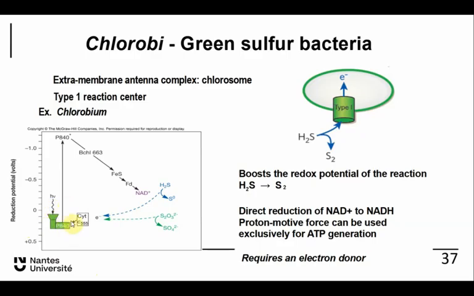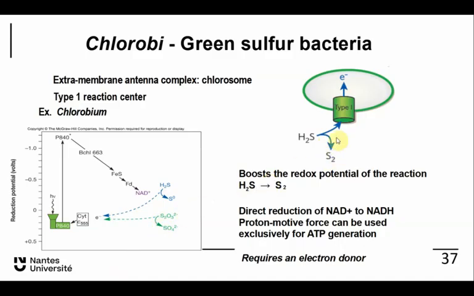The electrons in the chlorophyll molecule will get all excited, and then they'll start the electron transfer down through an iron sulfur protein, and we'll be able to reduce NAD plus to NADH. And so there is an electron acceptor and there is an electron donor. The electron acceptor is NAD plus, and the electron donors are reduced sulfur compounds like hydrogen sulfide or thiosulfate.